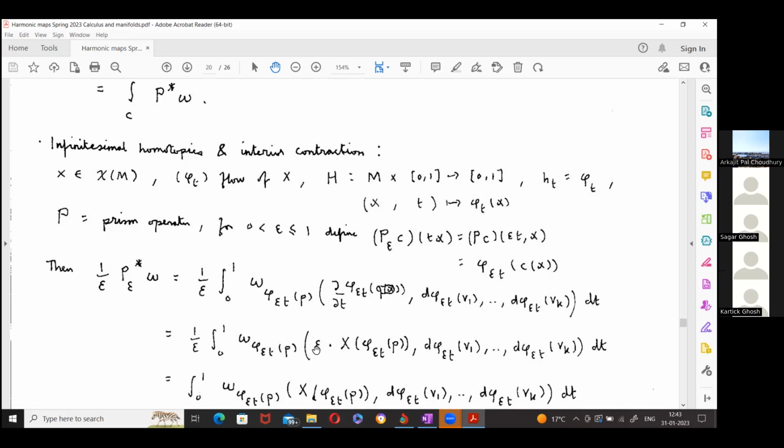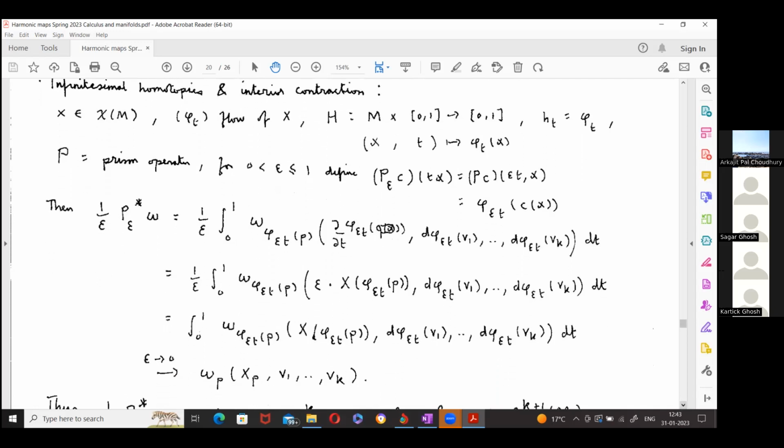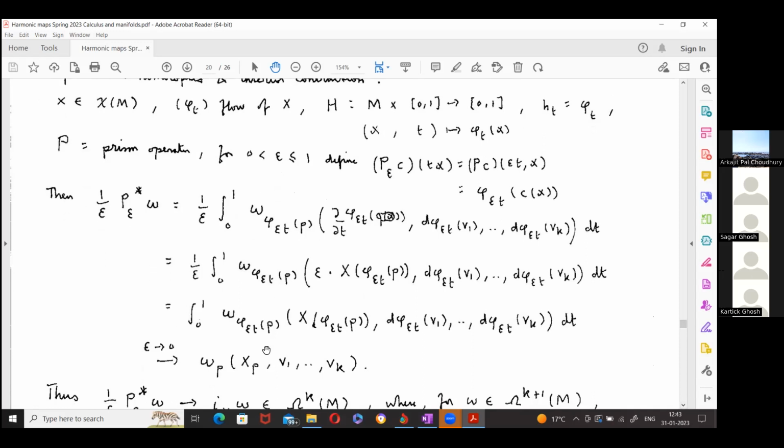So this epsilon will come out of the omega and cancel with the epsilon here. So this will become the integral from 0 to 1 of omega at phi epsilon t of p, applied to X of phi epsilon t of p, d phi epsilon t v1 to d phi epsilon t vk.